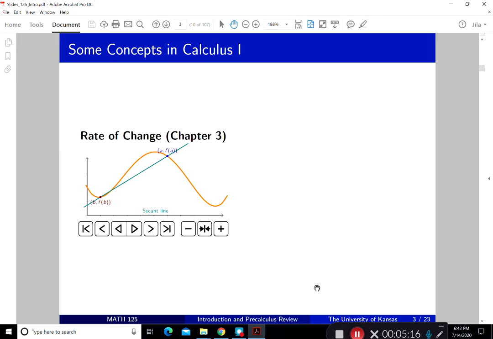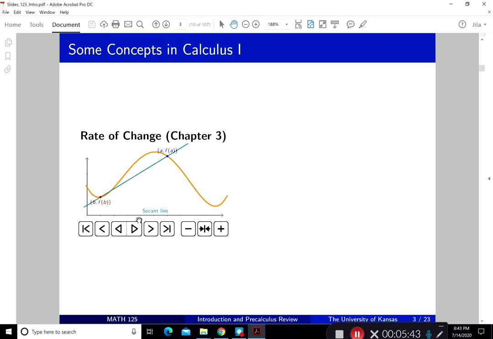So what else do we cover? Chapter 3. That's the rate of change. What we remember from pre-calculus is that the slope of the secant line is the average rate of change of the function at these 2 points. So if you have 2 points, the slope of their secant line gives you the average rate of change.